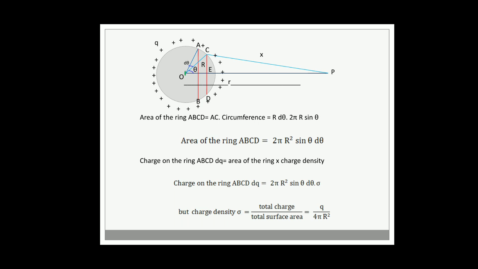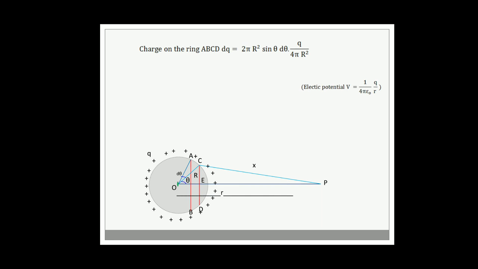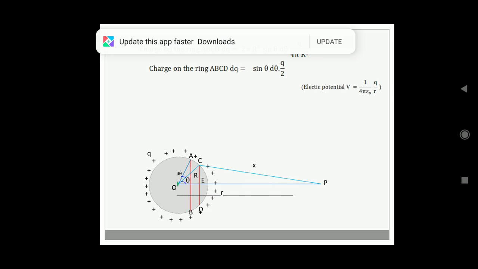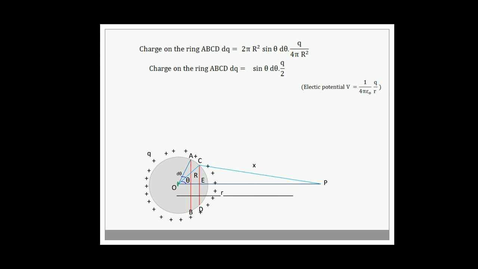Now when we substitute the surface charge density sigma into the above equation, the charge on the ring ABCD, that is dq, is equal to 2 pi R square sine theta d theta into q by 4 pi R square, where 2 pi R square cancels, so dq is equal to sine theta d theta into q by 2.